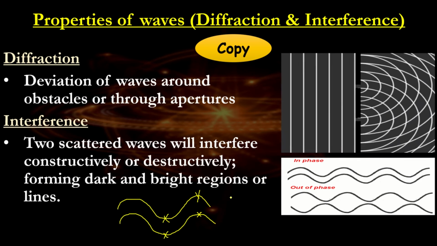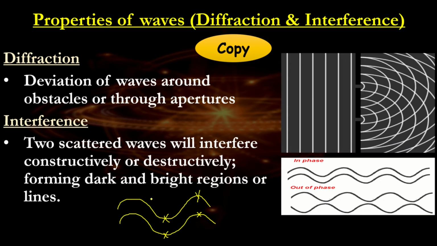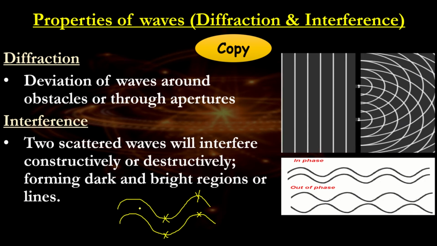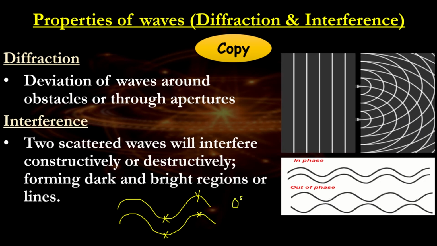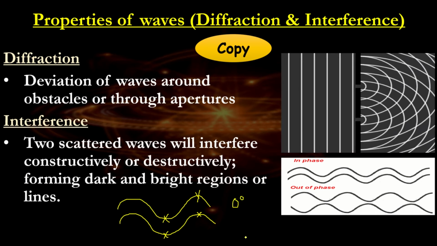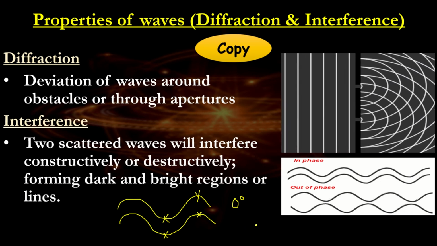Now, when we say in phase, it doesn't mean they have to arrive at the same time. It just means the orientation has to be the same. So this could be in the same wavelength, so we can say it's 0 degrees in phase, or it can be 180 degrees out of phase, or 180 degrees in phase.